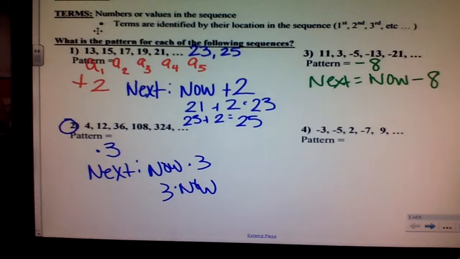Number 4 is not easy. You go minus 2 plus 7. 7 minus 9 plus 2. Square root of 7. Well, it's next equals now. Look, it's too hot to think so much. Can I please just give you an answer?